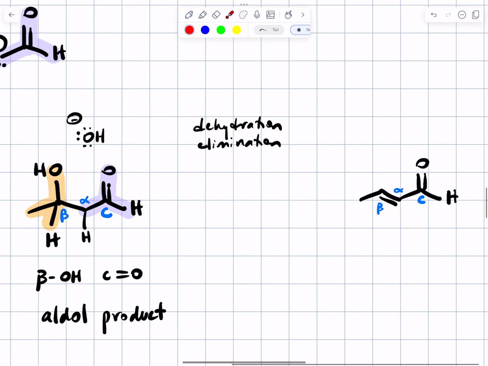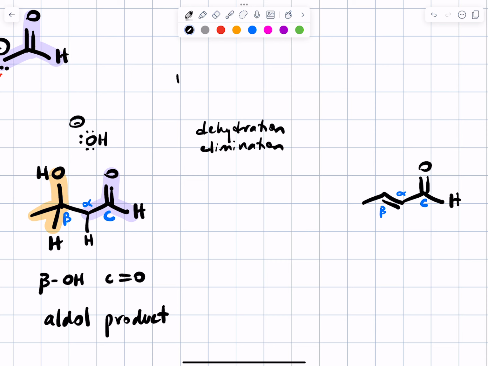Let's consider the possibilities. If it were an E1 reaction like you learned in 351, the leaving group would need to leave first to give a carbocation, and then the adjacent proton would be removed. It's a problem here. We're under basic conditions, and OH minus is a pretty bad leaving group.